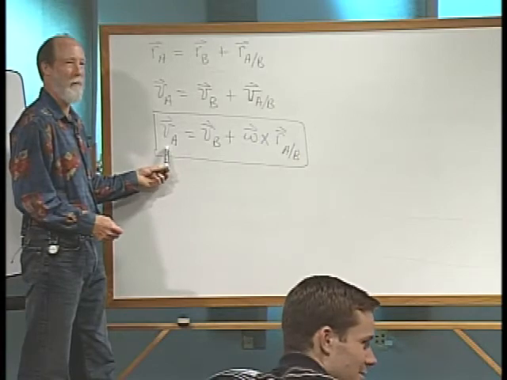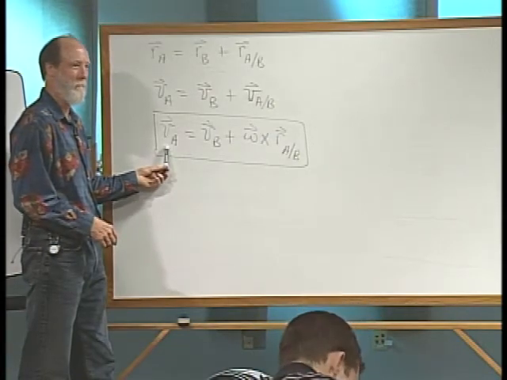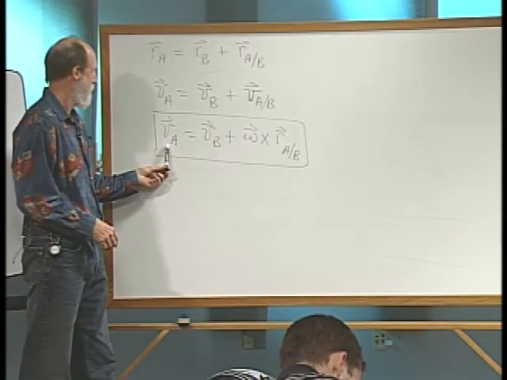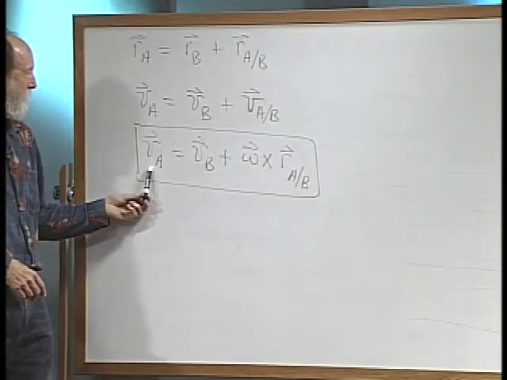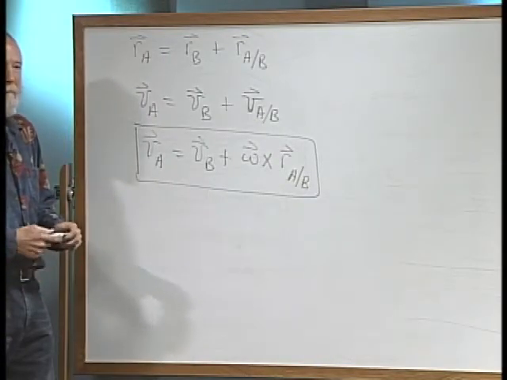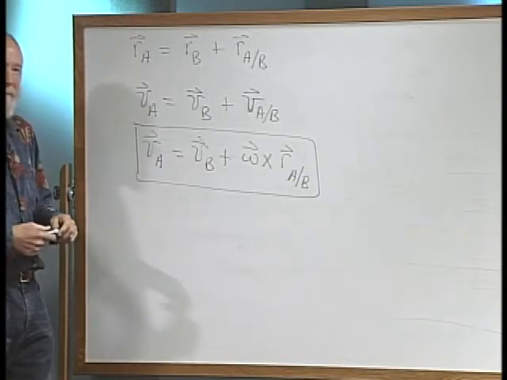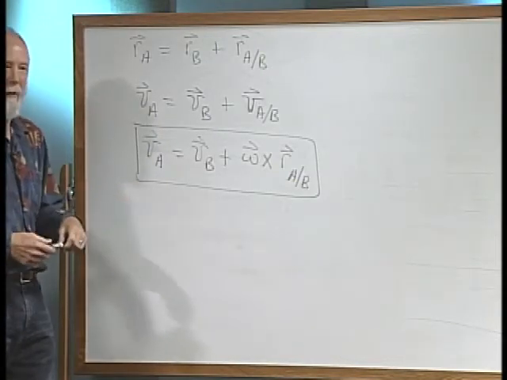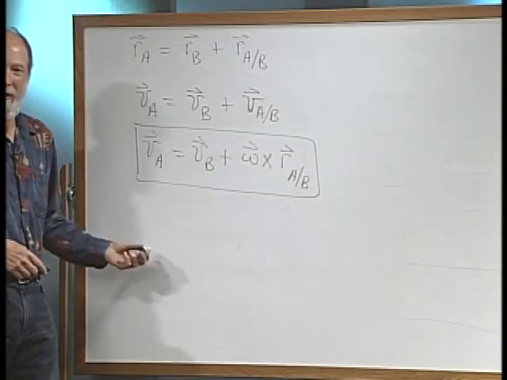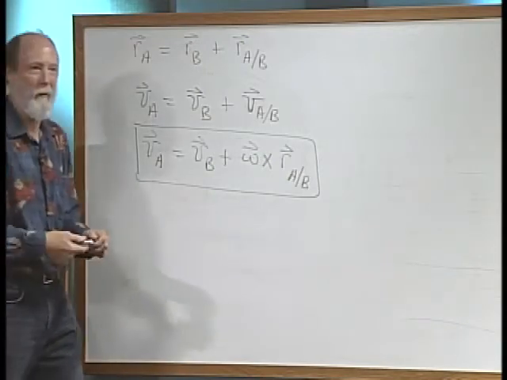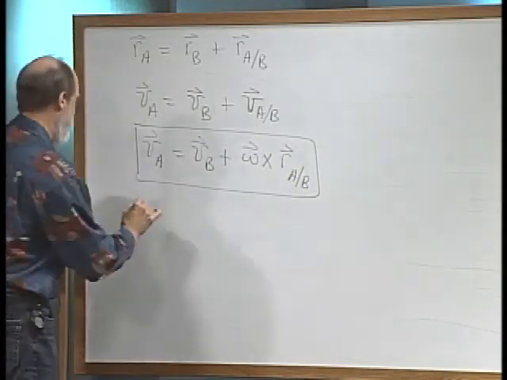Go ahead and do it, you can do it. Don't look up here. I'm going to just go ahead and write it out, but keep writing out your derivatives, and then we'll see if we end up at the same place.